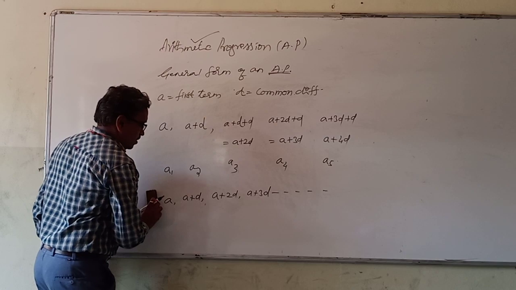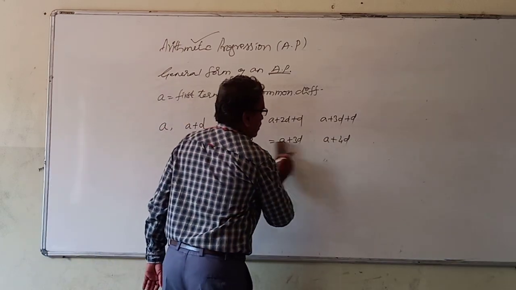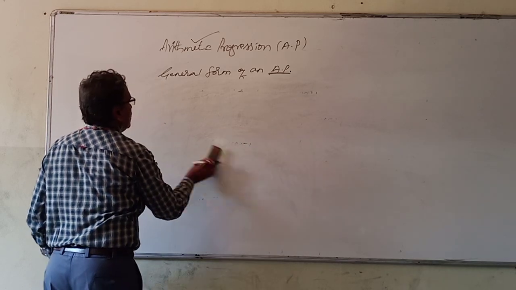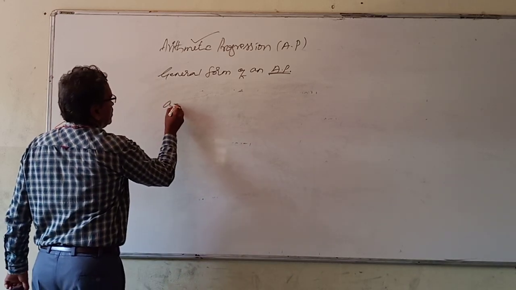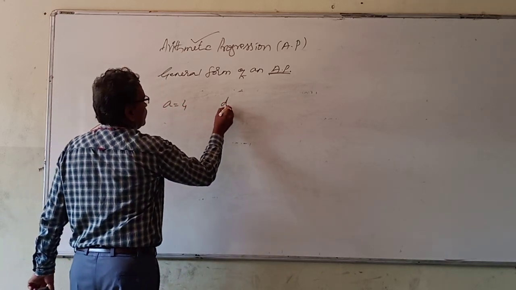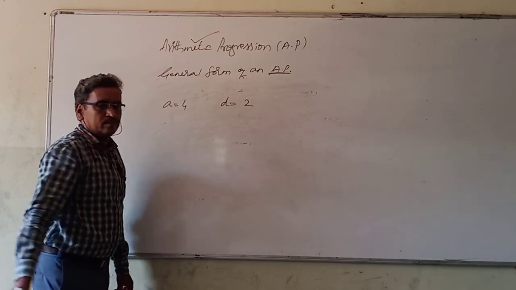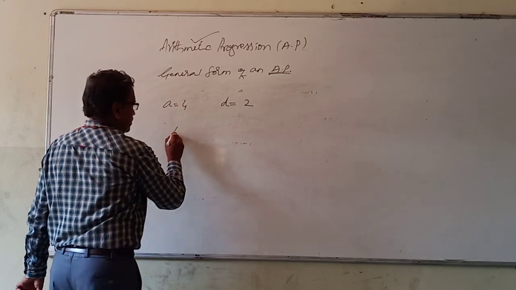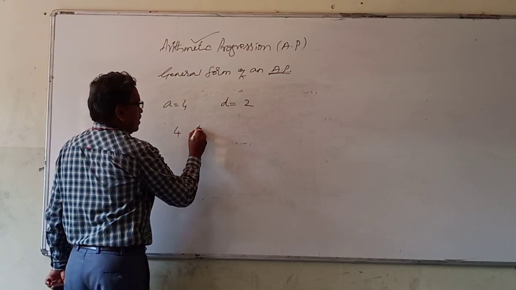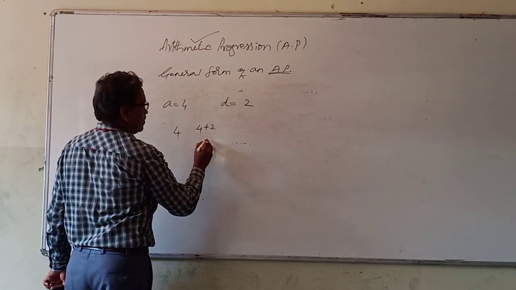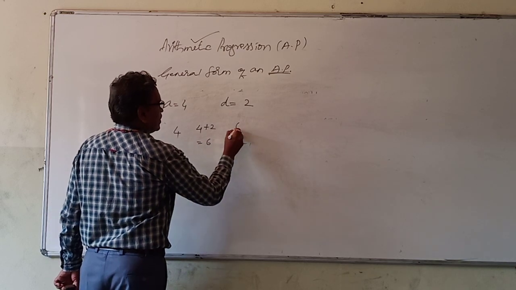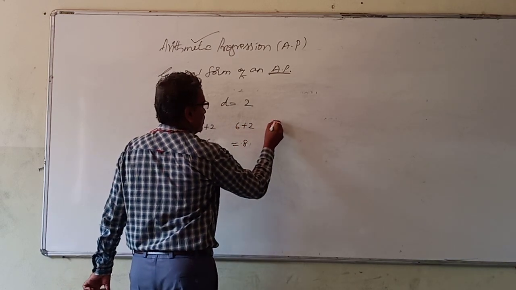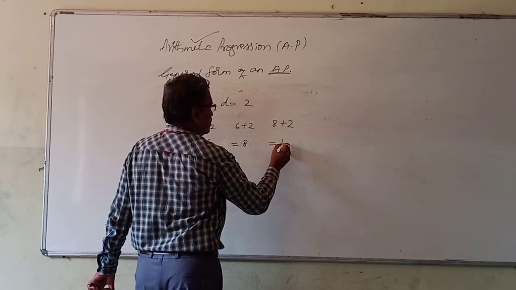So now, just for example, the first term is 4 and the common difference is 2. First term plus common difference, second term plus common difference, third term plus common difference.